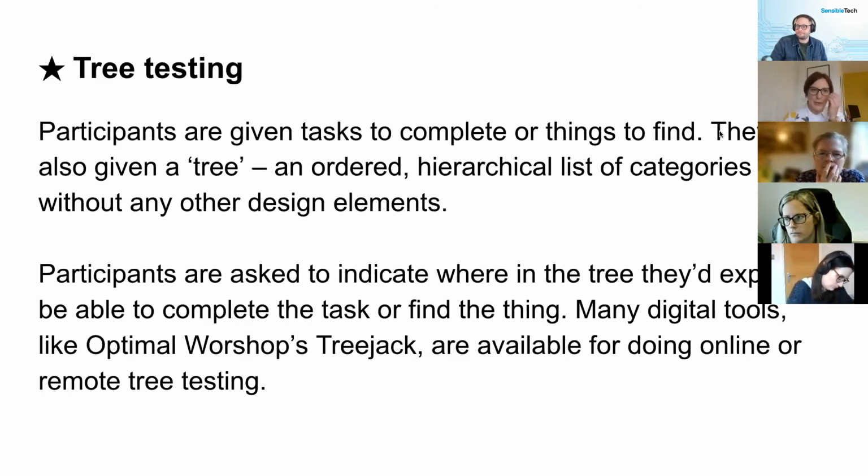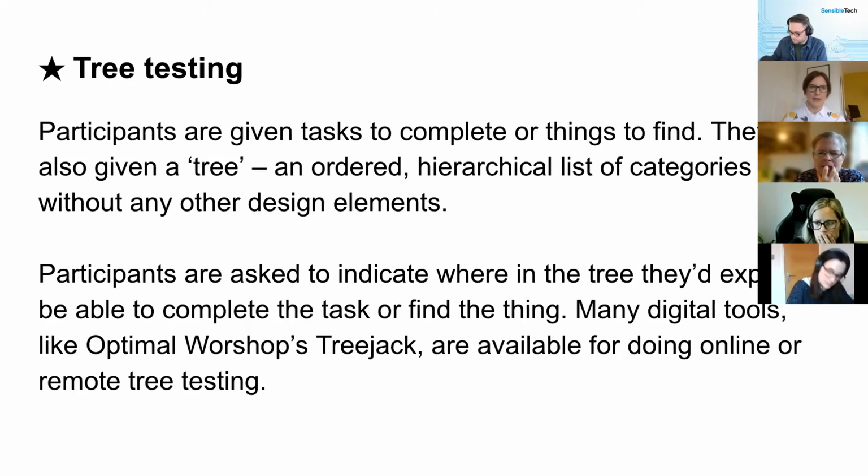I'm sure lots of people have heard about this one or are already doing it. Tree testing is about categorizing, and it's helpful for planning the IA and the menus. It's checking in with users as to whether where you would put something is where they would.